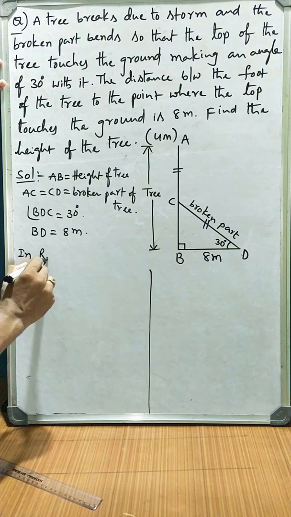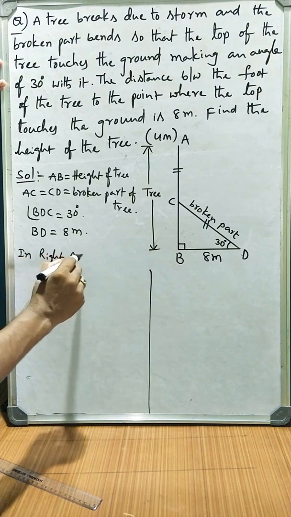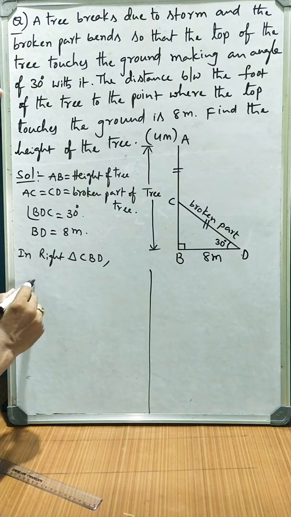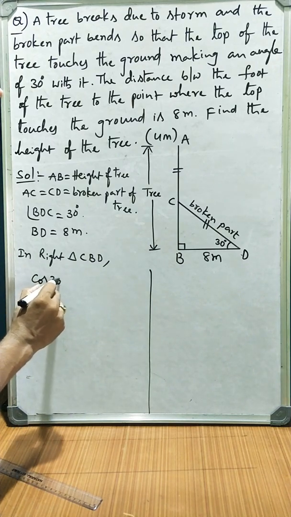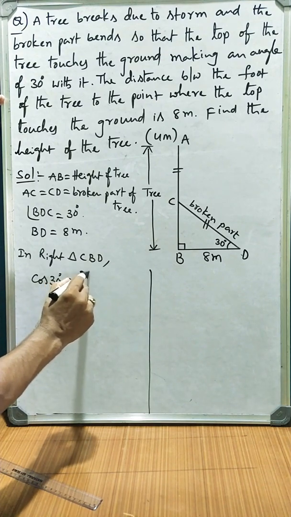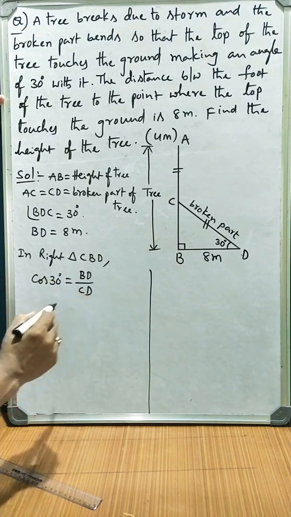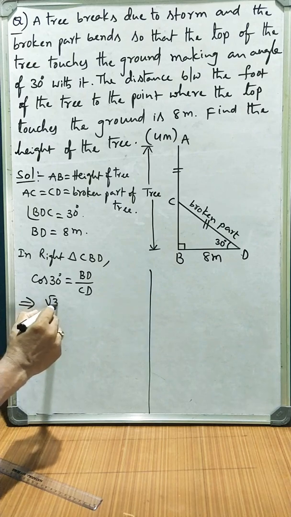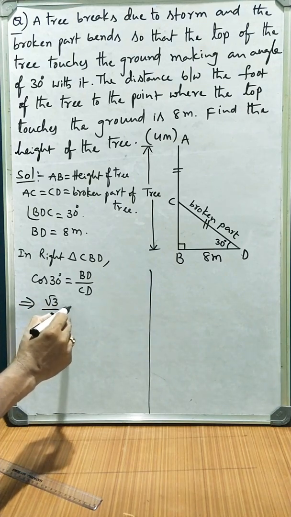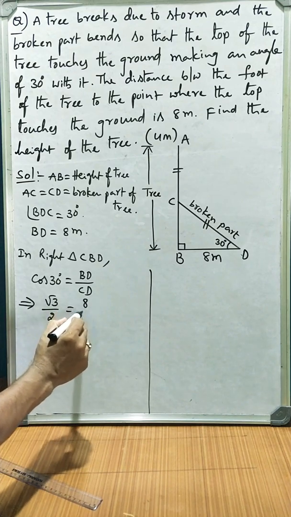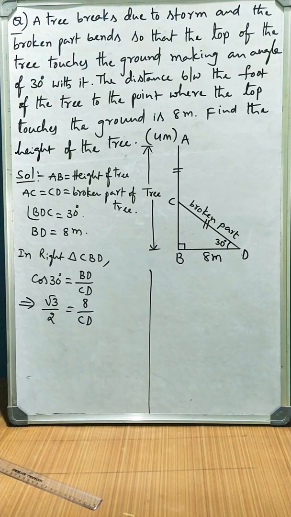In right triangle CBD, take cos 30. What is adjacent to 30 degrees? That is BD. Hypotenuse is CD, which would imply cos 30, root 3 by 2, is equal to BD by CD, that means 8 by CD.